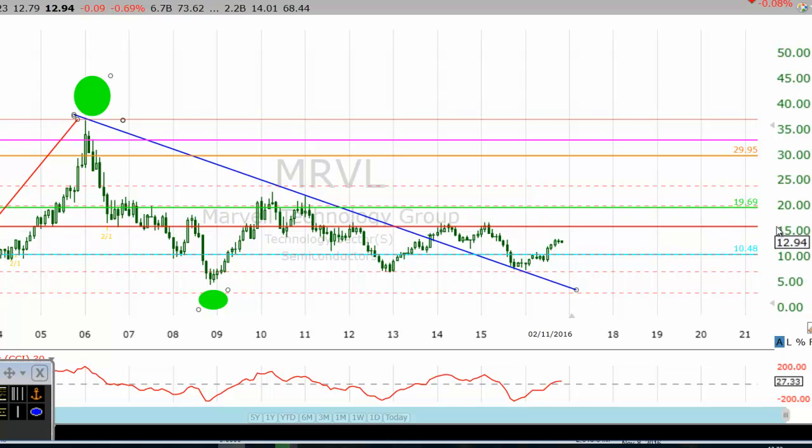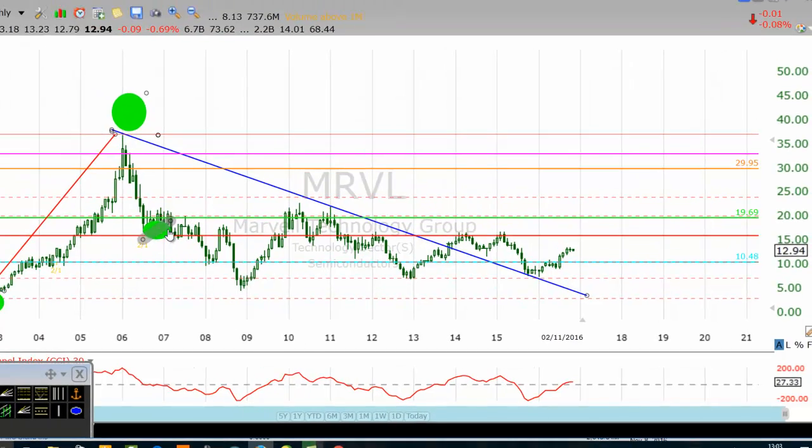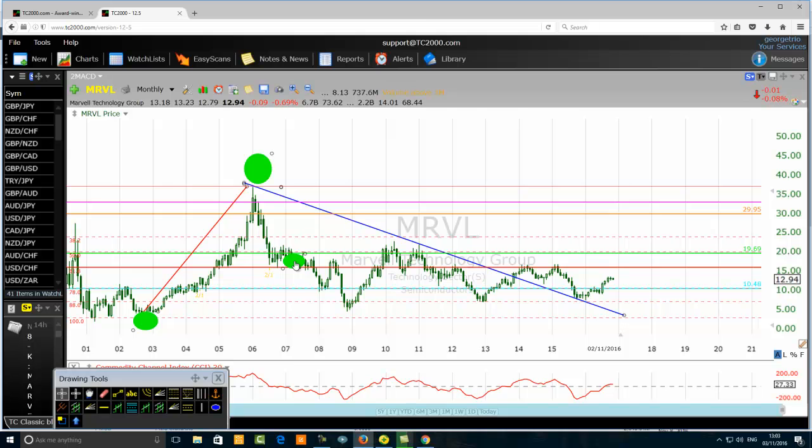The price level of $16 is the 61.8% Fibonacci retracement level of the prior trend. So what usually takes place as people start selling, on reaching this zone between the 50% and 61.8% Fibonacci retracement level, is that we should see a little bit of a bounce up.